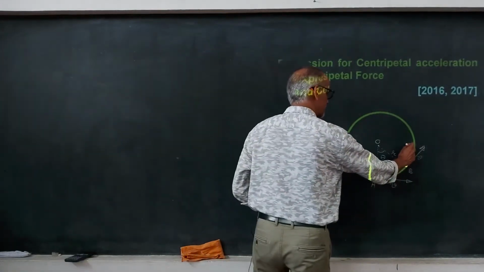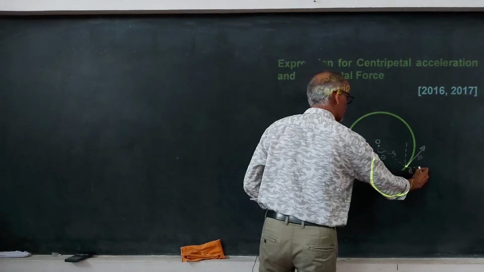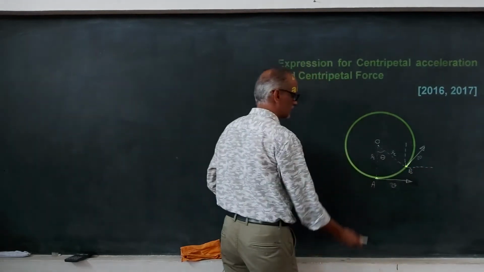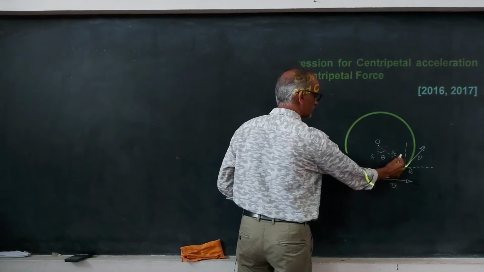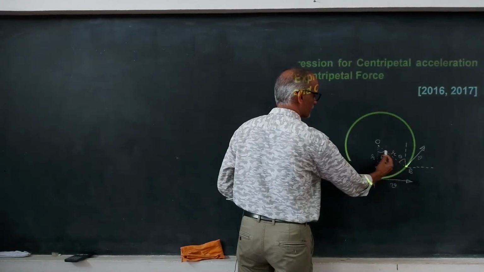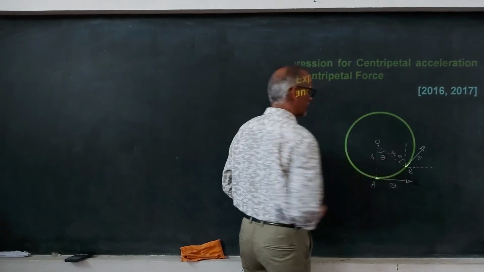Just draw the vertical here and then a horizontal. Now, if this is theta, even this angle is also theta here. So, this is the alternate angle theta.